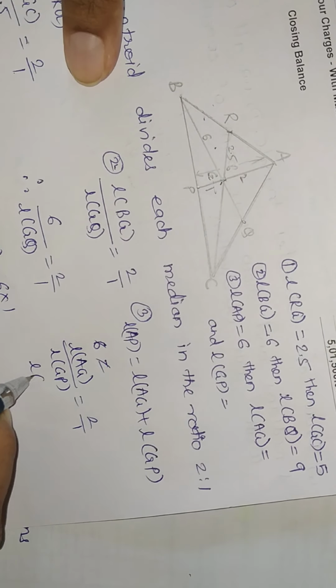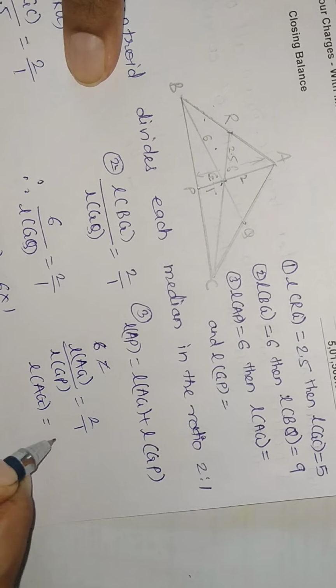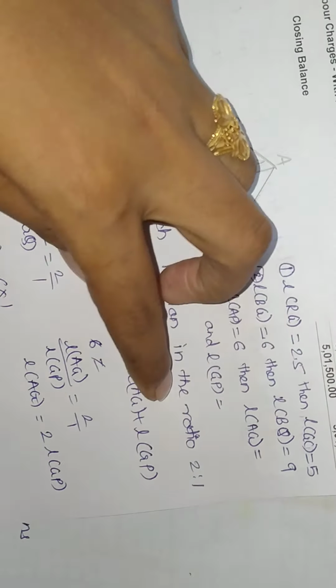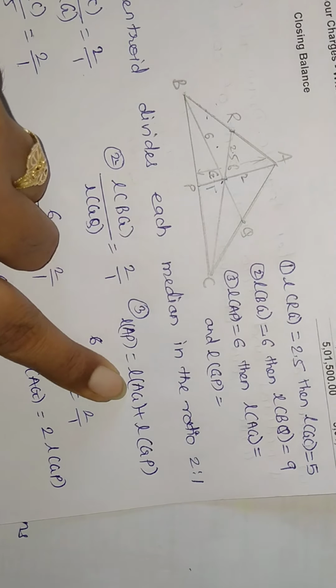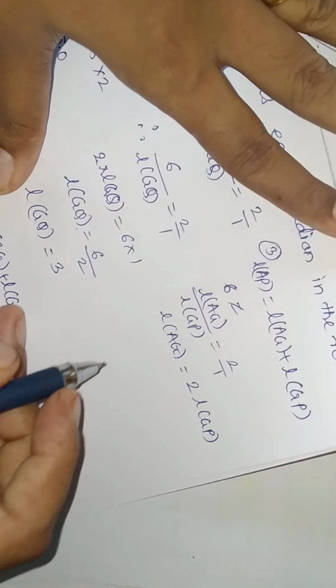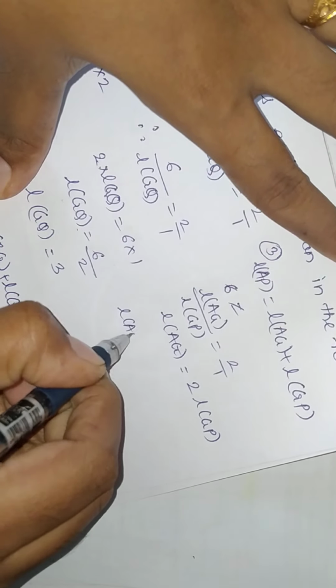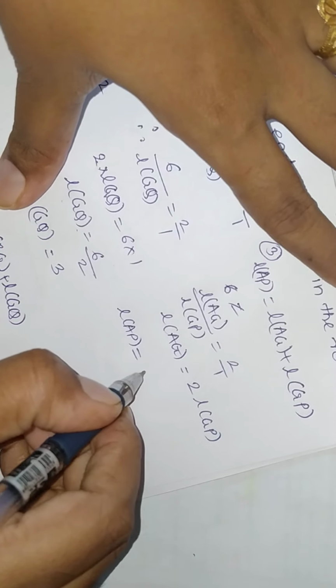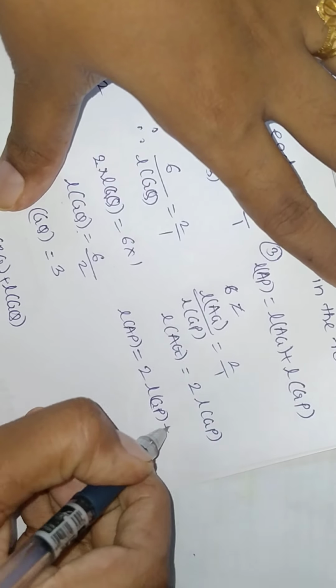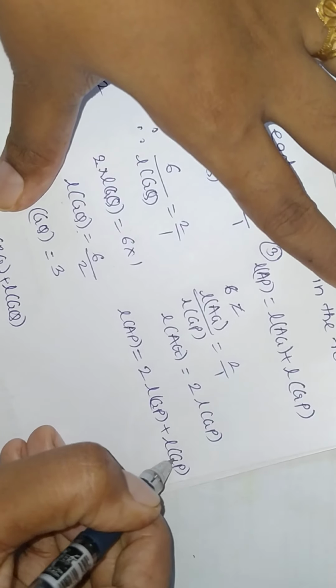So length of AG is equal to twice length of GP. Here in place of AG we can write twice of GP. Length of AP is equal to twice of length of GP plus length of GP.